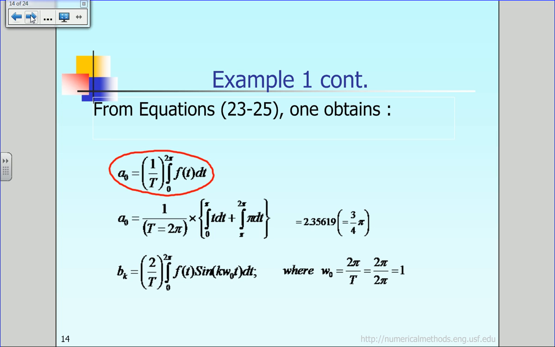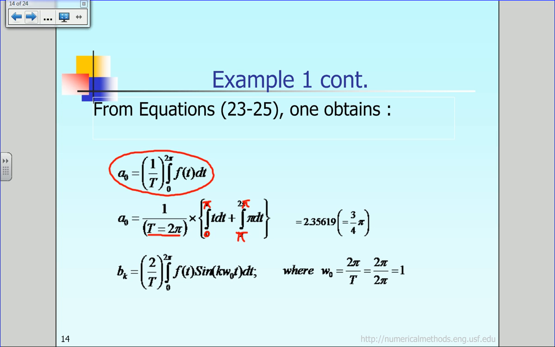However, the integral from 0 to 2 pi, you have to split into two parts. The first part goes from 0 to pi, and the second part goes from pi to 2 pi.